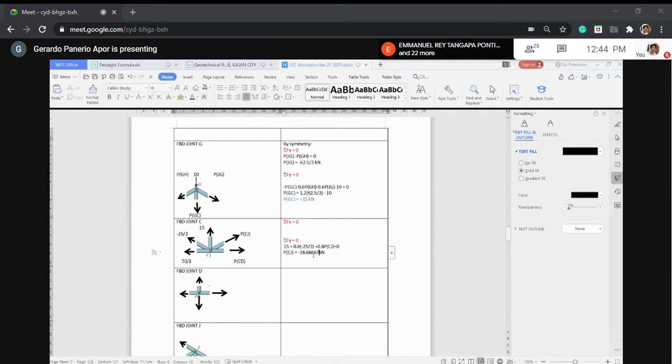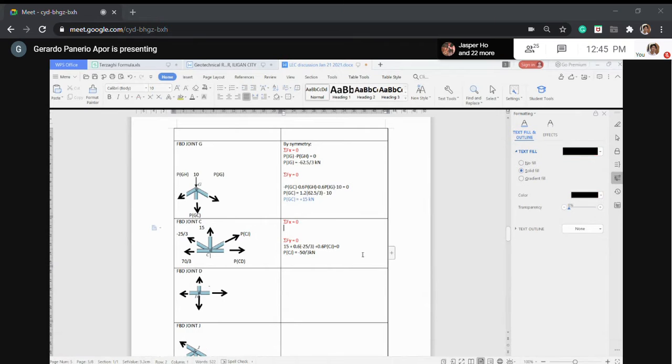16.67 kilonewton. Okay. The 16.67 is 50 divided by 3. Yes. 50 divided by 3. Okay. So 50 divided by 3, 50 times 1 times 0.6 divided by 3 is 10. Okay, so that's it.